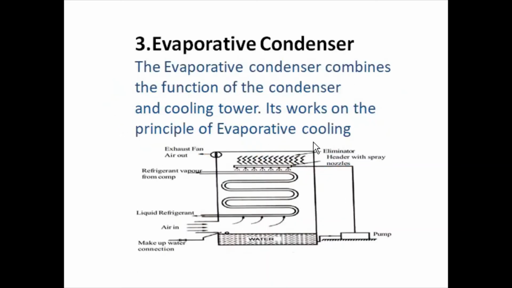The third type of condenser is the evaporative condenser. The evaporative condenser combines the function of a condenser and a cooling tower.